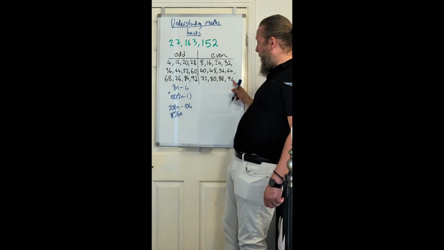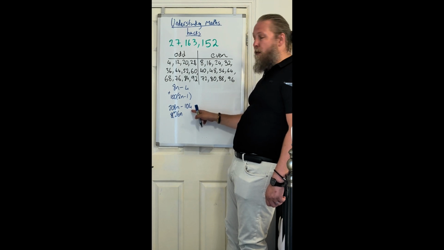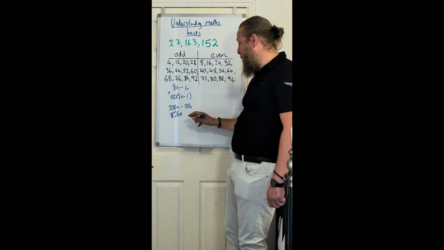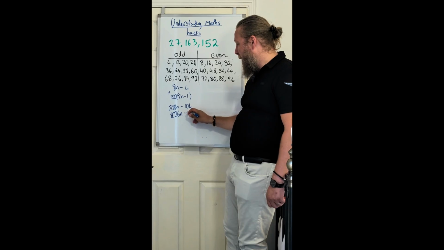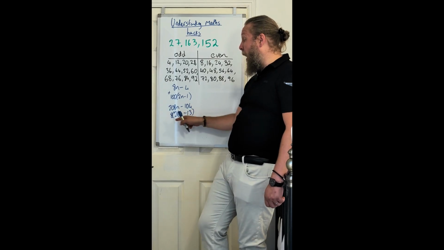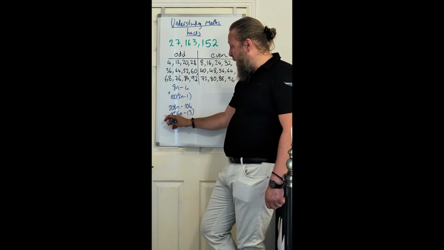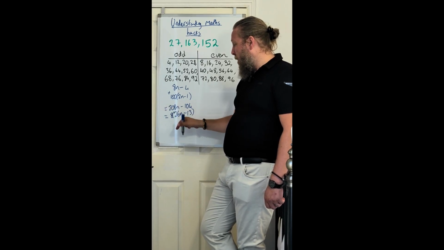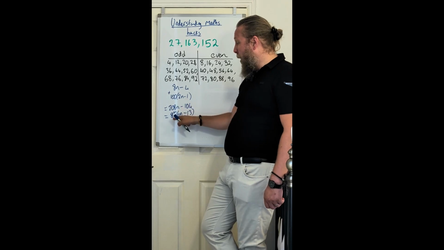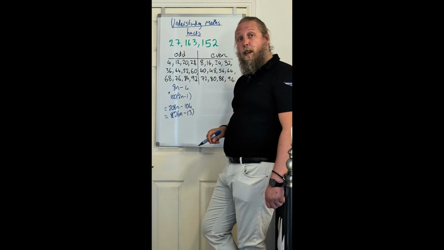But this number, you can see here, if we were to add another 8 to 96, 104 would also be in the 8 times table. In fact, it would be the 13th number in the 8 times table. Now, I know this isn't fully factorized for those purists out there, but what I'm demonstrating here is that this number will always be a multiple of 8.